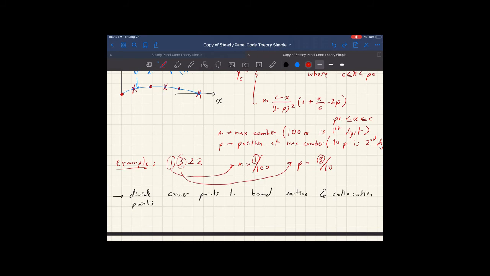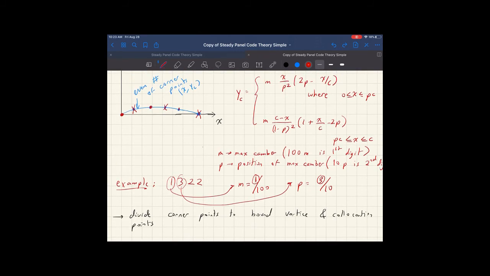All right, so in doing that, if you have an even number of corner points, you will always end up with a bound vortex at the leading edge and a collocation point at the trailing edge. And here, let's say you picked number n.